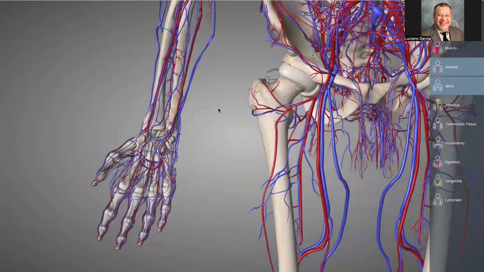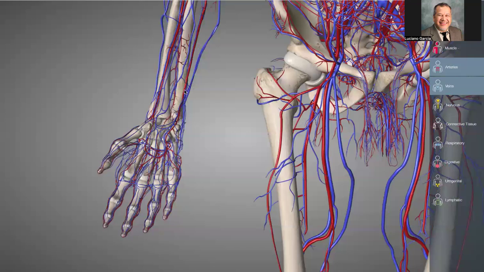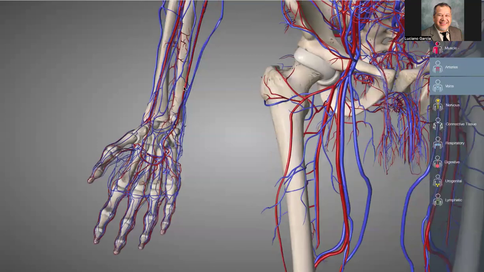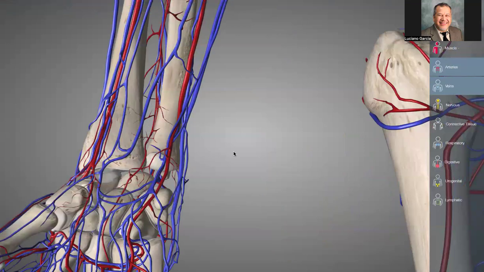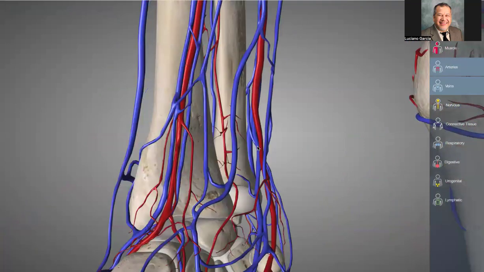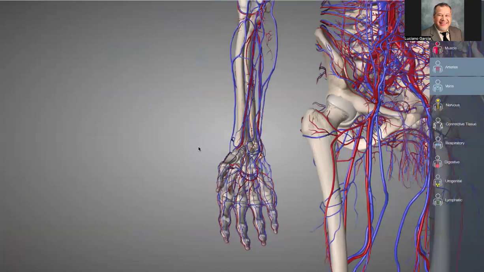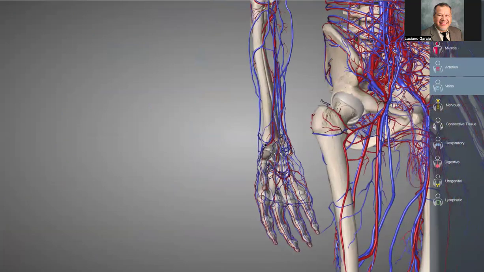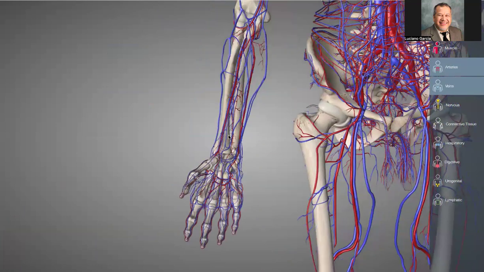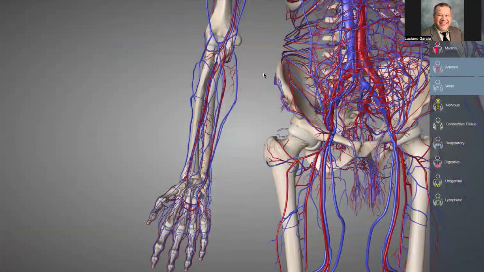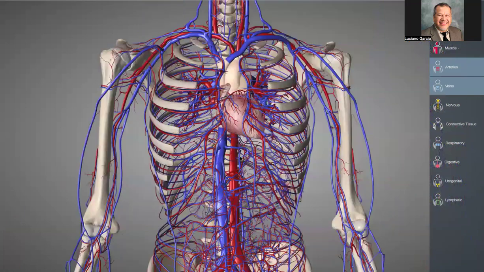Ulnar there, radial there. The radial is going to go to the back part of the thumb. They also have branches that go to the palmar area. That's the arm in a nutshell.